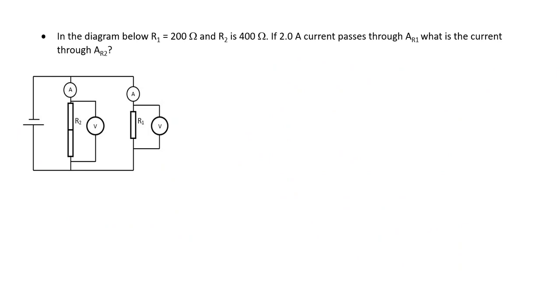So we are looking at these ammeters. So AR1 is this ammeter. So we are saying we have a current of 2 amp in here. But we want to determine the current on AR2.